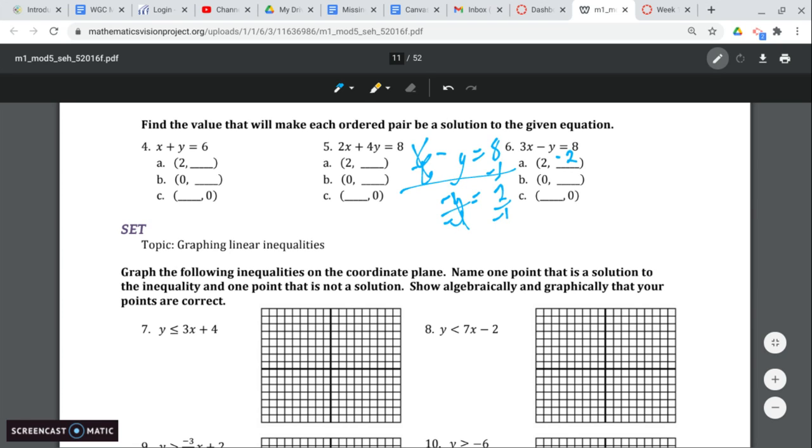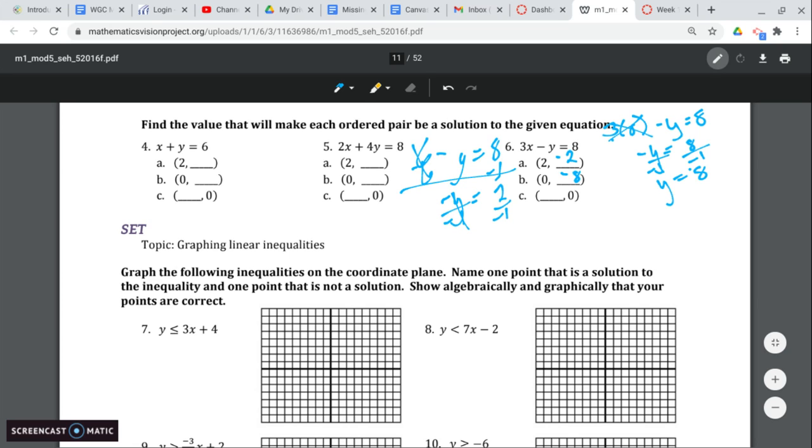Ignore that negative. Okay, for B, we're going to do 3 times 0 minus y equals 8. 3 times 0 is just 0, so that goes away. So we have negative y equals 8. We never want our variable to be negative, so we're going to divide by negative 1. So y equals negative 8. So we have the ordered pair 0, negative 8.